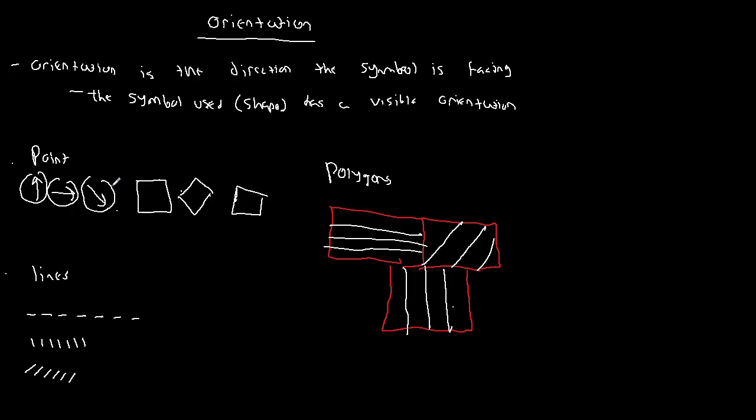So when is orientation most useful? Well, here's the thing with orientation. If you're doing it right, you are not changing the spacing or the size. You're keeping everything the same, you're just rotating the symbology. So in that case, orientation is not going to have the issue that we saw with spacing, in the sense that it's not going to imply density.